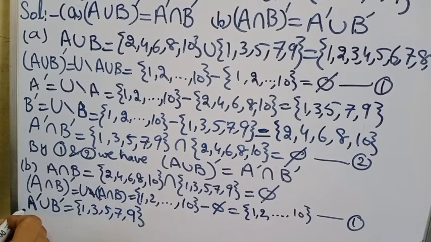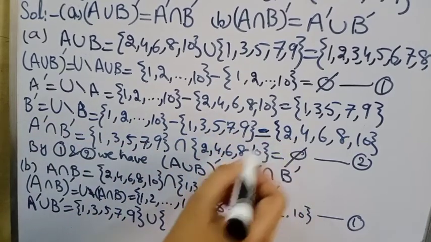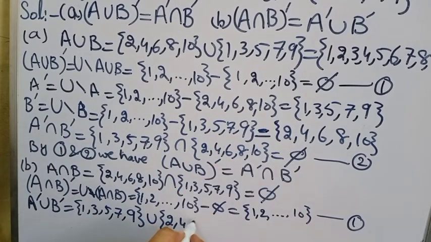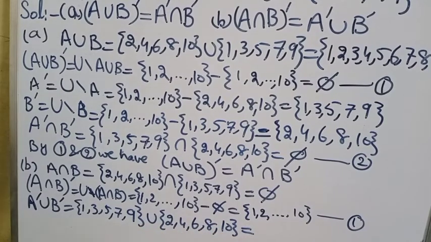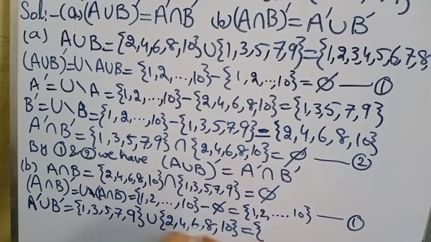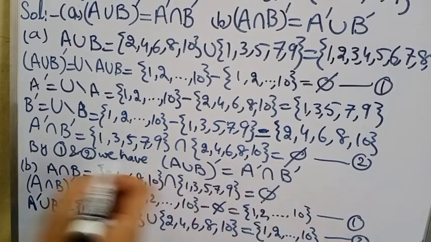These are elements of A complement, and B complement has elements 2, 4, 6, 8 and 10. Their union contains all elements. So we have 1, 2, 3, 4, 5, 6 up to 10. This is equation number 2.